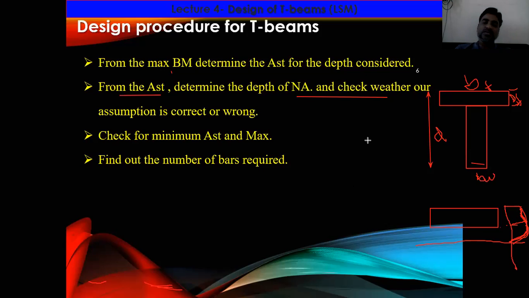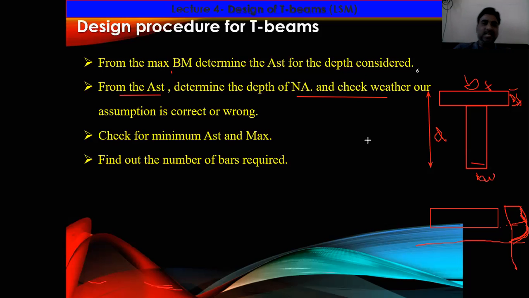Suppose you assume that the depth of neutral axis is within the flange, but after determining the xu, it is greater than the df. That means your assumption is wrong. Then what you have to do is, you need to determine whether df by d is less than or equal to 0.2 or greater than 0.2.